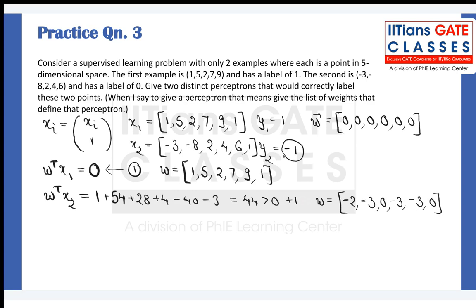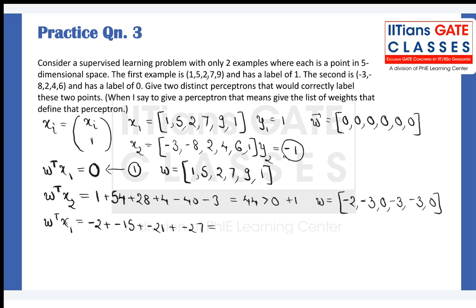So you again go ahead and try to find W transpose x1. W transpose x1 will be -2 plus -3 times 5 is -15 plus 0, -3 times -7 is -21 plus -3 times -9 is -27, and you will get some value.